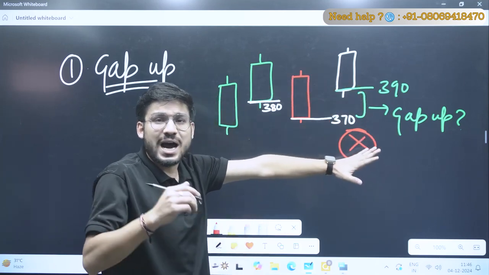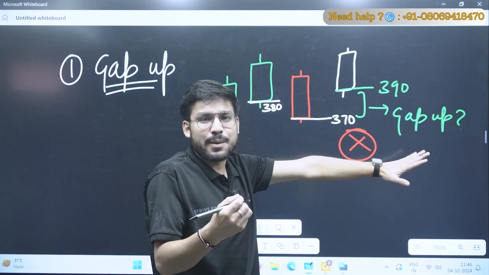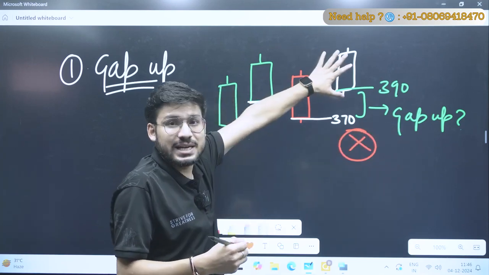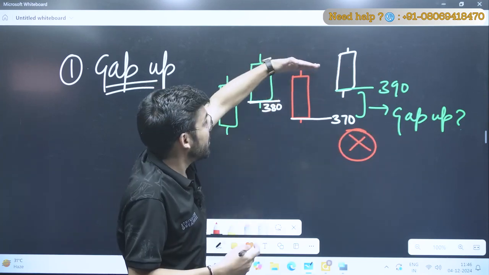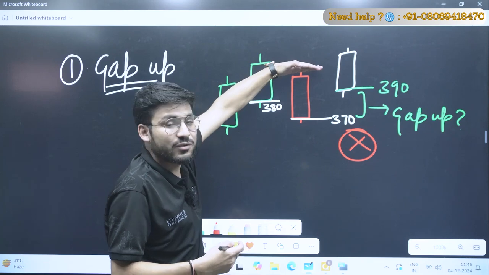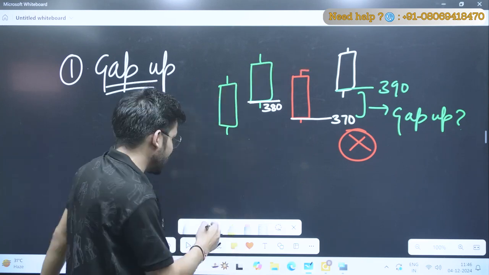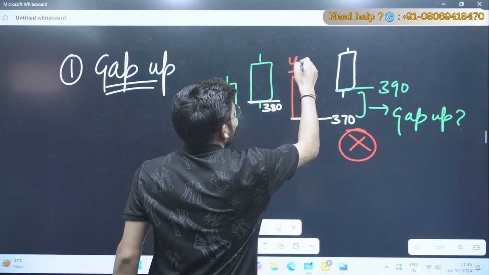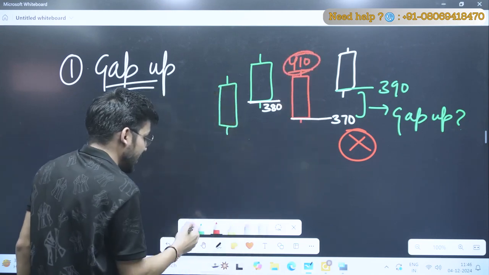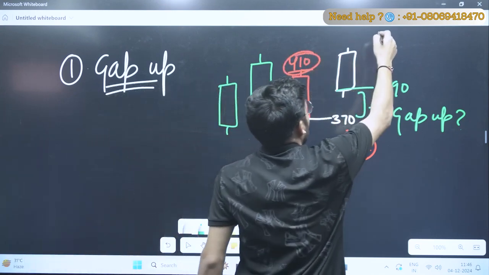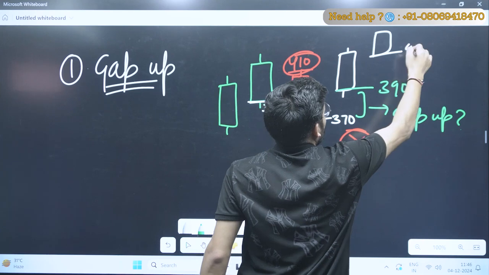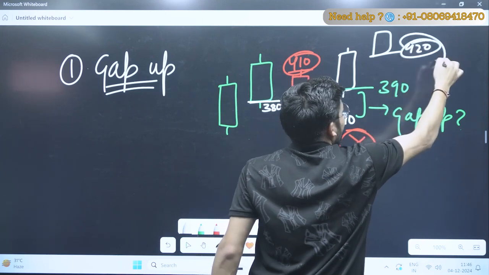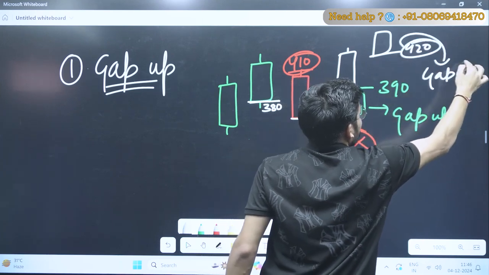Why? Because I will only consider a market to be gap up when the next day candle initiates above the high of the previous candle. So that will be my gap up. Let's suppose the high of this candle is 410. If on the very next day the market opens above 410, if it opens at 420, only then I will consider it as a gap up.